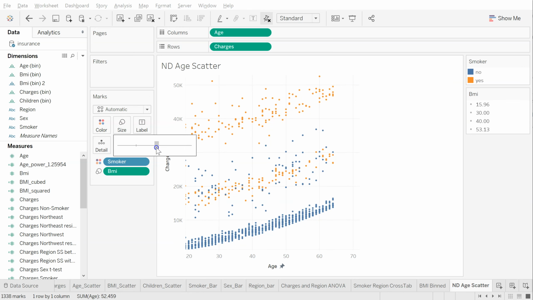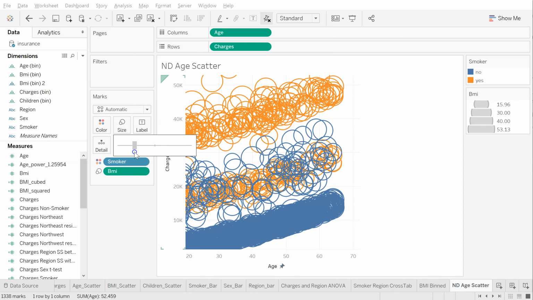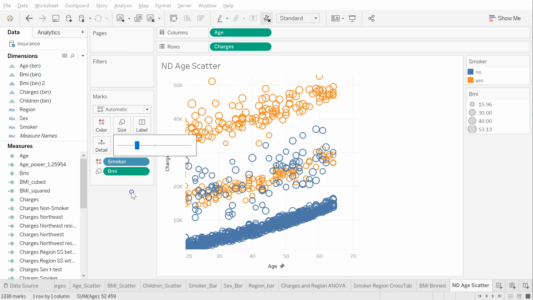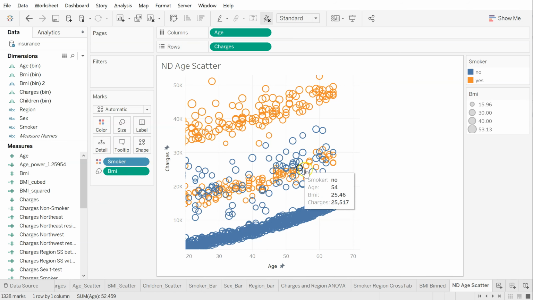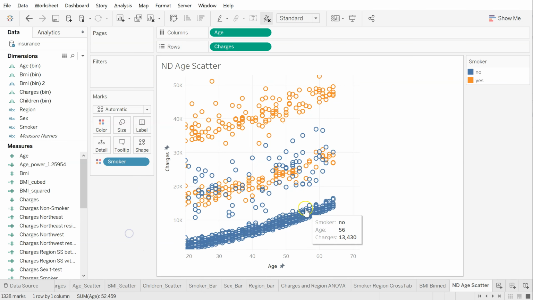Is that going to let me do that? No, can't really do much. I would love to change the max and the min size. I could probably do that if I figured it out, but just by looking at this, I do see larger. Well, I still don't know for sure. I can't tell. So I'm going to pull BMI out.